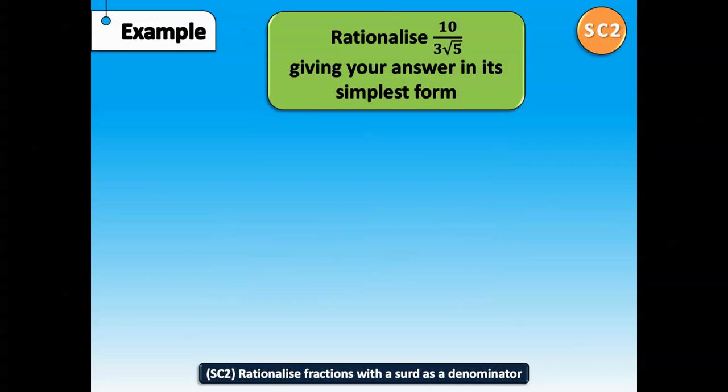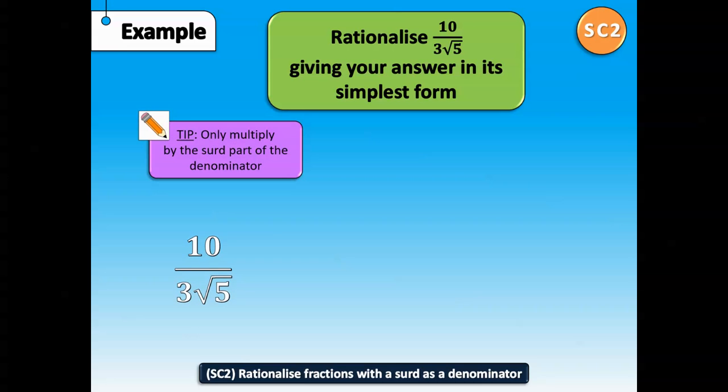In this question, we want to rationalise 10 over 3 root 5. We want to give our answer in its simplest form. To rationalise here, we only need to multiply by the surd part. So we times the top and the bottom by root 5. 10 times root 5 is 10 root 5.